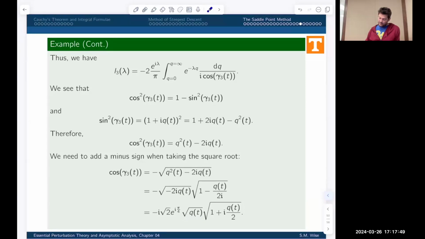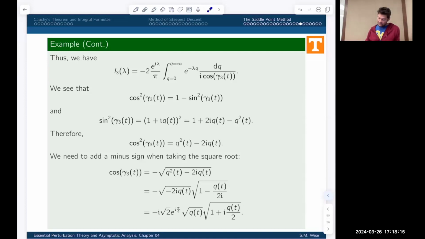I'm going to get a minus square root of q, no problem there. I also have a square root of 2, but then I also have a minus i with a square root. What the heck does that become? Well, it turns out you can show that it involves just using polar coordinates, really.